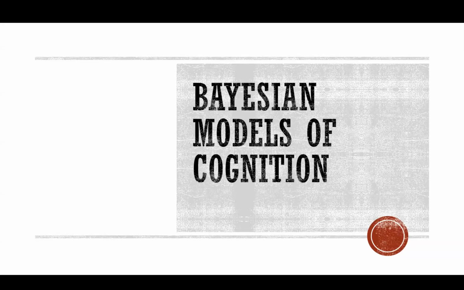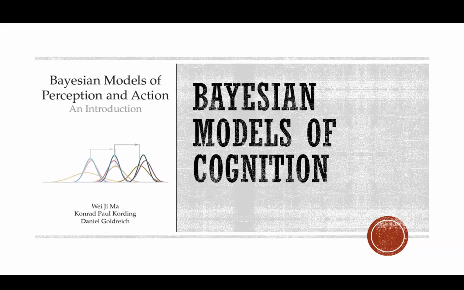So, Bayesian models of cognition. Just as a disclaimer, we're going to cover Bayesian models of cognition in 3 weeks, so we cannot cover the whole complexity that this approach has generated.